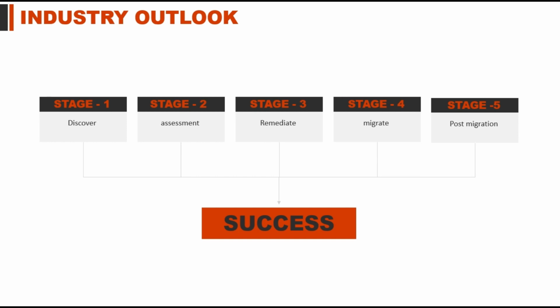After that, post-migration needs to be done. Why? Because we need to monitor how the server behaves after migration, what the response is related to the applications, the servers, and the networks, subnets, vnets, and these things.